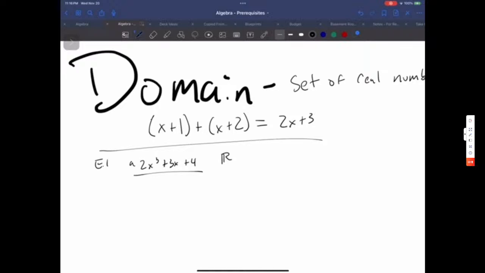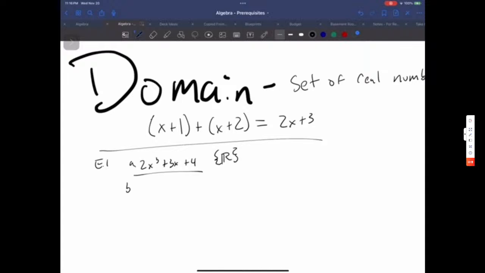In fact, the domain of any polynomial is the set of all real numbers unless the domain is specifically restricted. And if we're going to use set notation, the set of all real numbers. Usually the R itself can also function as the set of all real numbers, but I like to include the brackets so that it is explicit that I'm talking about a set. Although we dealt with polynomials and a lot of algebra will deal with polynomials, algebra is not all polynomials.